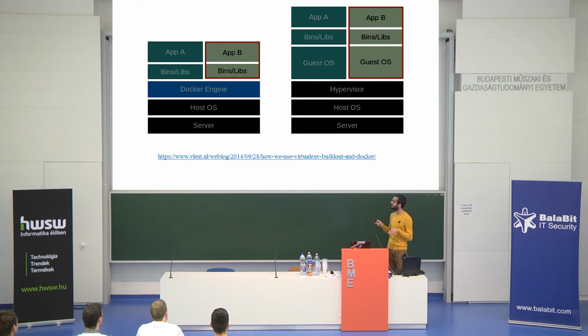The way it works is that when you want to start a Docker container, Docker creates a new file system for the container and runs a single process that is your application, say application B, with that new file system as its root file system. That application is using binaries and libraries inside that root file system, but it doesn't have a guest operating system. It uses the kernel of your host operating system.